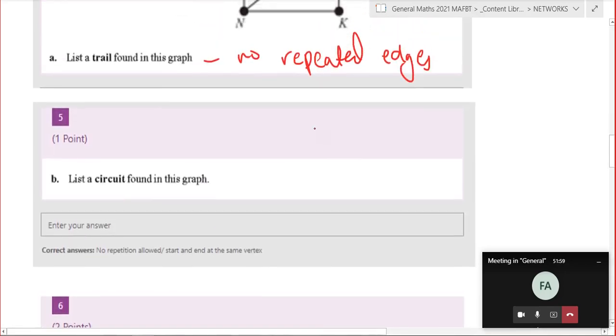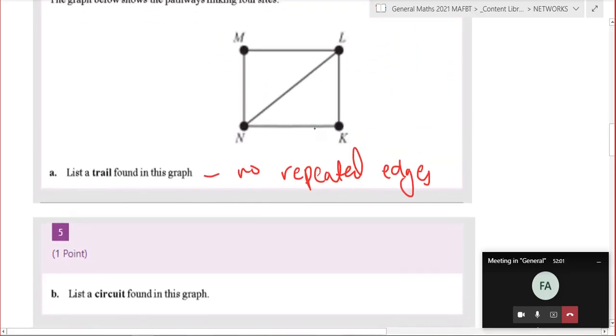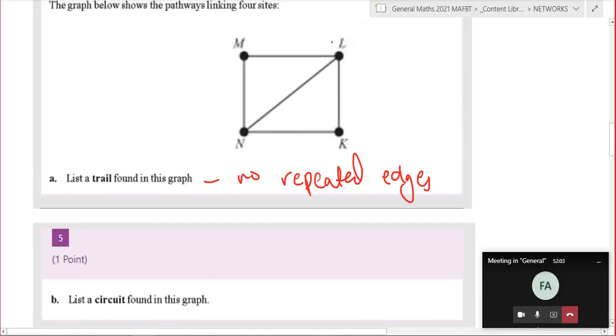Alright, you can list a circuit. So a circuit just means no repeated vertices, which means you can't go back to the same vertex twice unless it's the start and finish. So if I want, I can go N to M to L, K, and then back to N. That's a circuit, sorry. That would be considered a circuit.